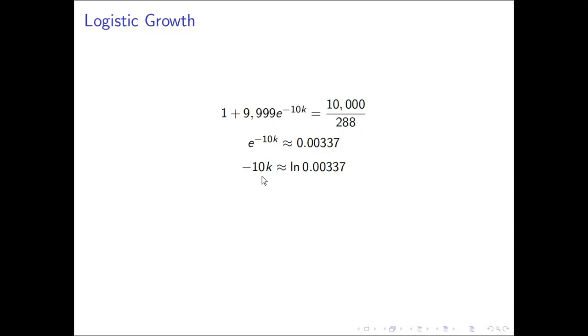You'll be getting this one, then dividing by negative 10, we get k approximately 0.570, which we can plug into the solution to the differential equation, thus getting y equal to 10,000 over 1 plus 9,999 e to the negative 0.57t, which gives us the number of people who will have heard the rumor after t minutes.